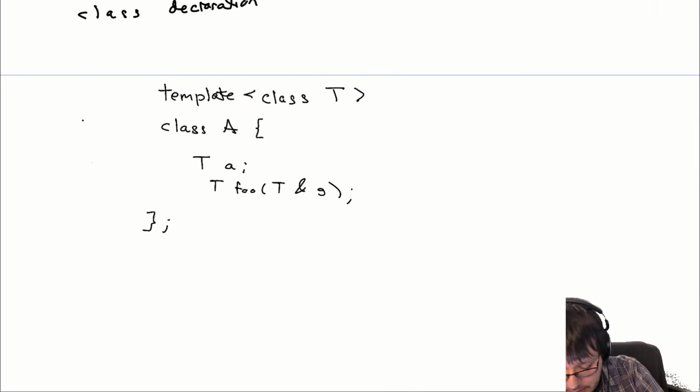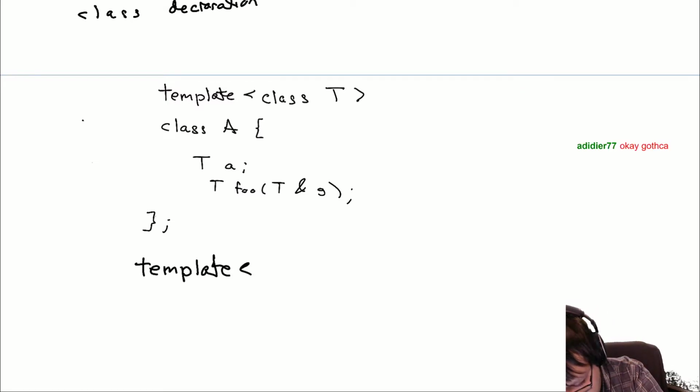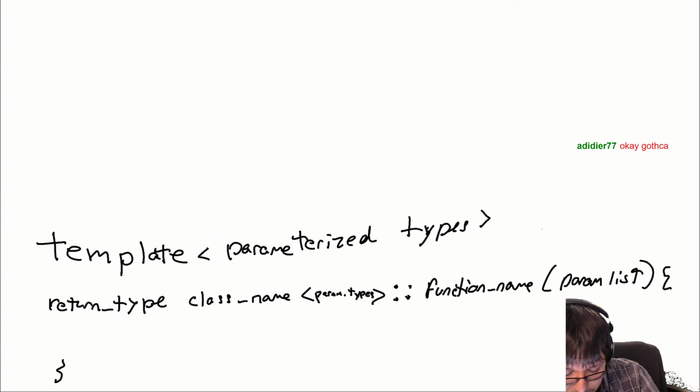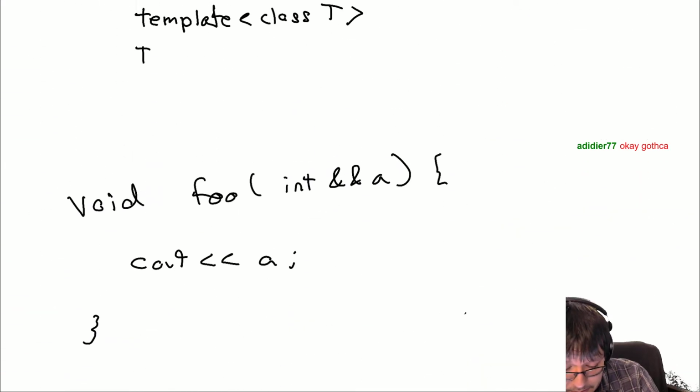Then down here, we would write outside the class, we'd say template class T, and then T is a return type. So following our syntax here, we said return type, class name, and so on.